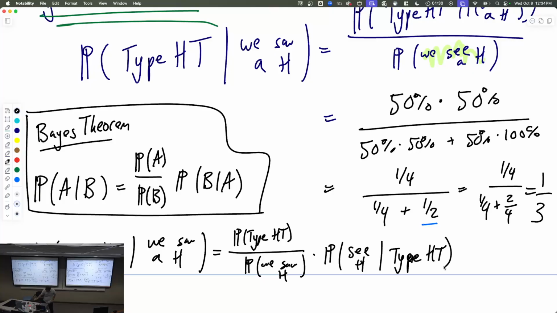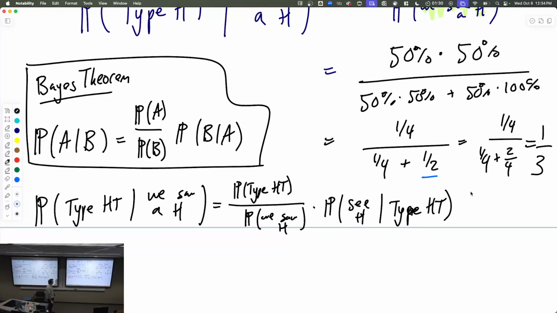And the point is that this last probability, the probability that you see a heads given that it's a type heads-tails, is very simple. That's 50% because the coin has one side of each. So this one is really easy to calculate. This one is hard to calculate. And Bayes' theorem says something hard in terms of easy things.